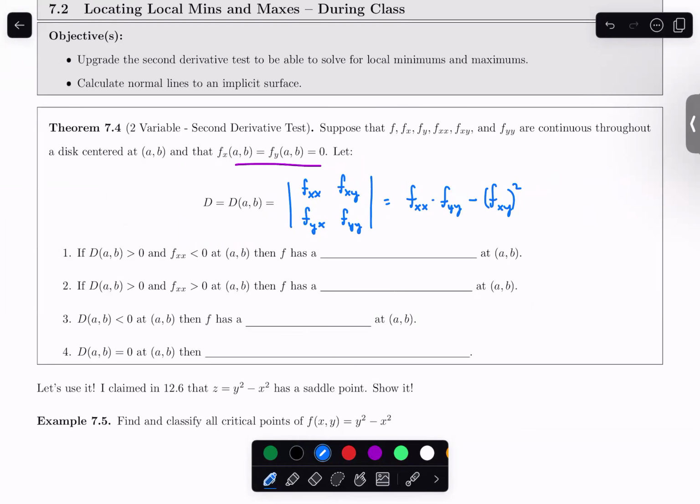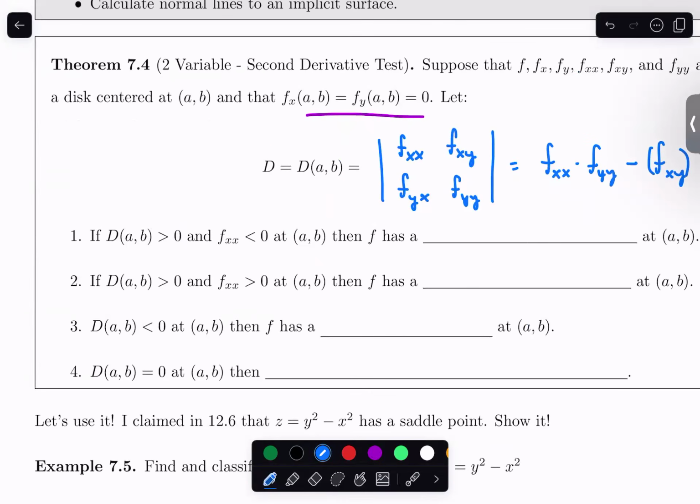And then here comes the test. So the test goes like this. If you have this D value that we're going to evaluate at our critical point, because after all, we're interested in classifying our critical point. If this is positive, so you can see that's in cases 1 and 2, it mentions that this D value is positive. What I would like you to think about is that we are in Calc 1 world. So in Calc 1 world, we're going to go back and use our regular old second derivative test in this case.